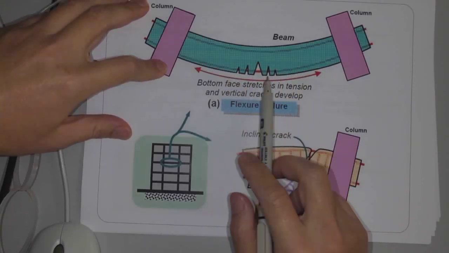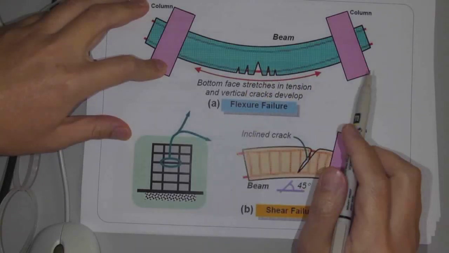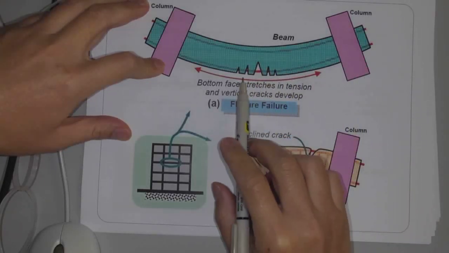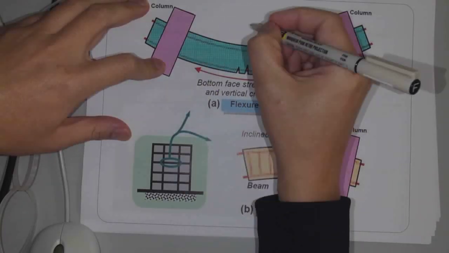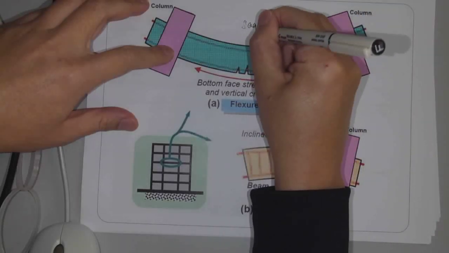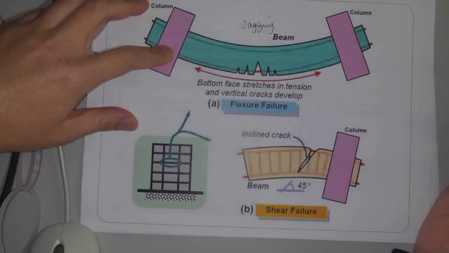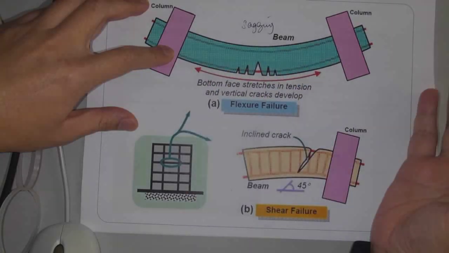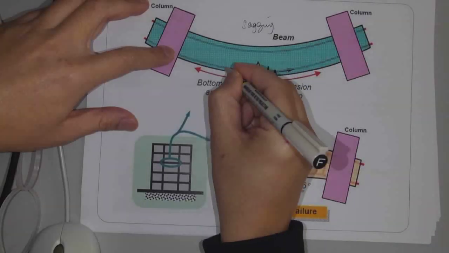It's a schematic, just trying to emphasize crack and tension. Remember this beam, just looking at it, you know this is in sagging. So where's the tension? Tension is at the bottom. Remember, that's the direction of tension.